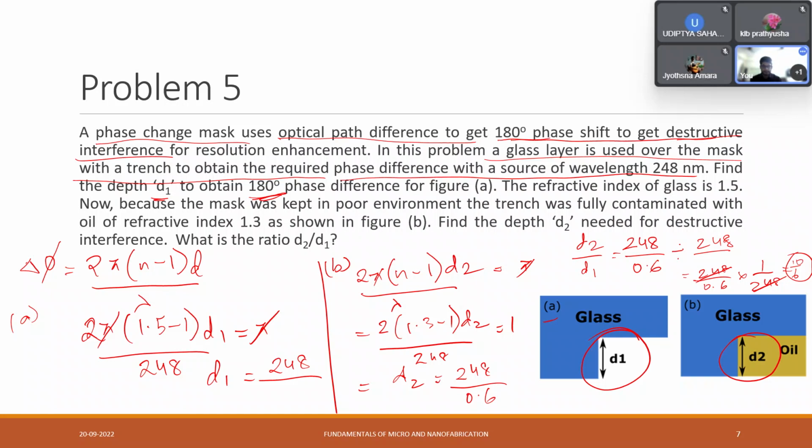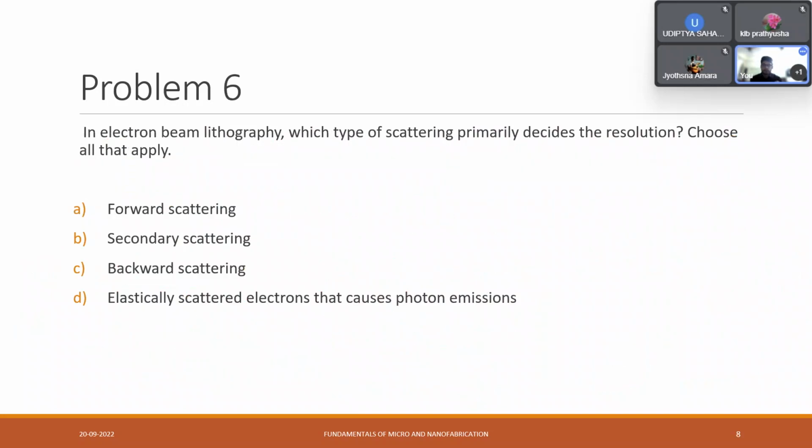Okay. So you have to tell in electron beam lithography which type of scattering primarily decides the resolution. You have to choose all of the options that you think are correct.